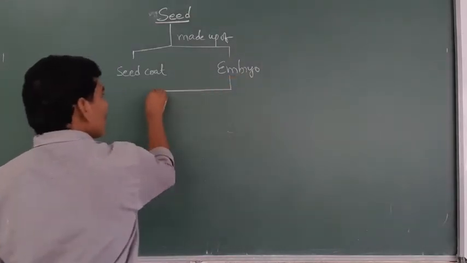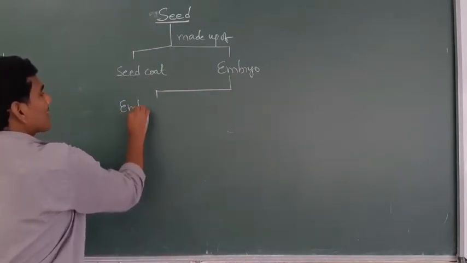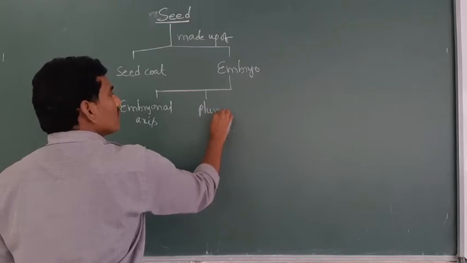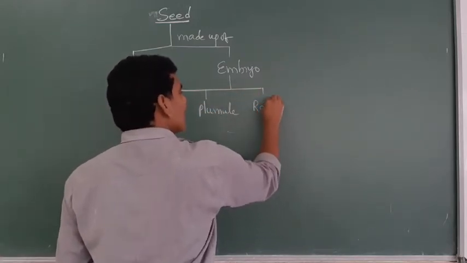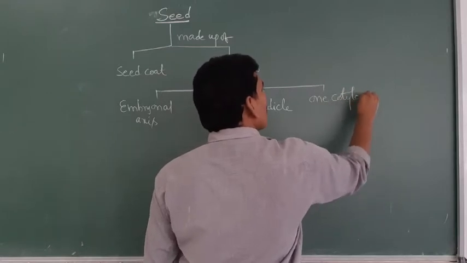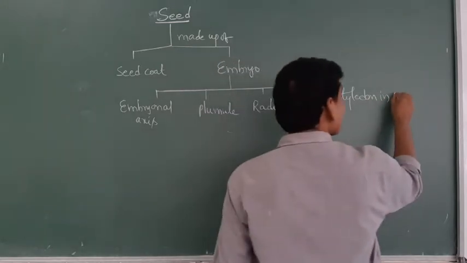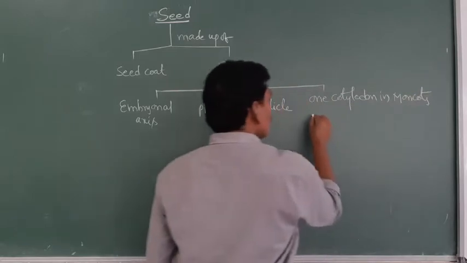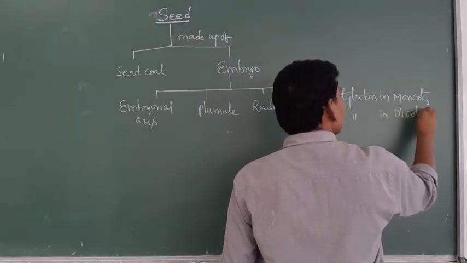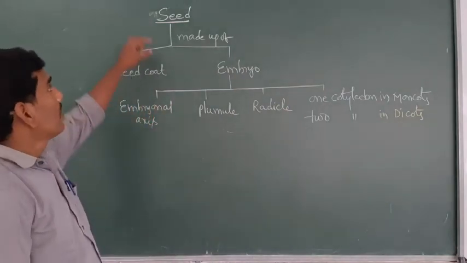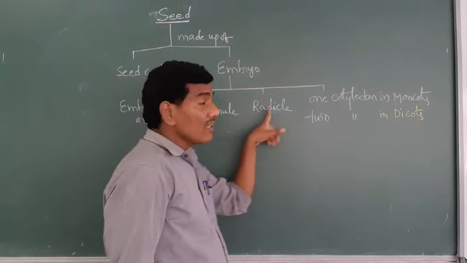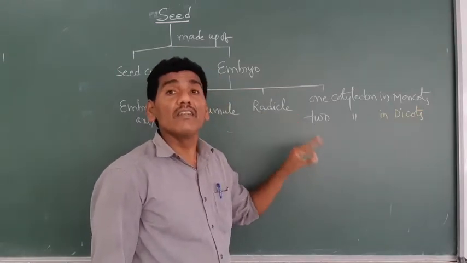Here the embryo is made up of embryonal axis, plumule, radicle, one cotyledon in monocots, and two cotyledons in dicots.